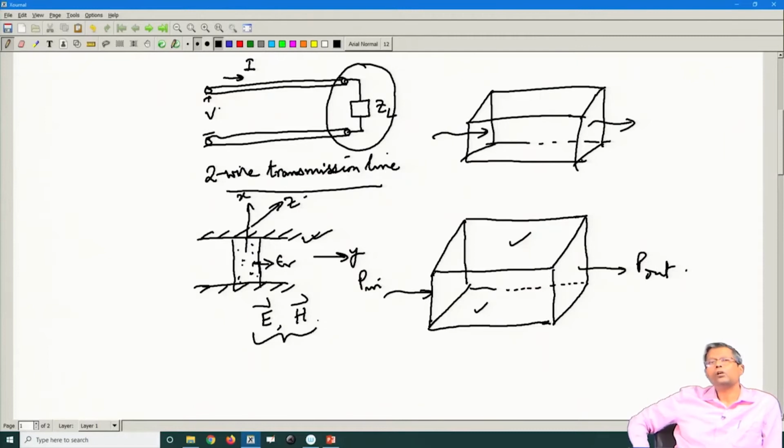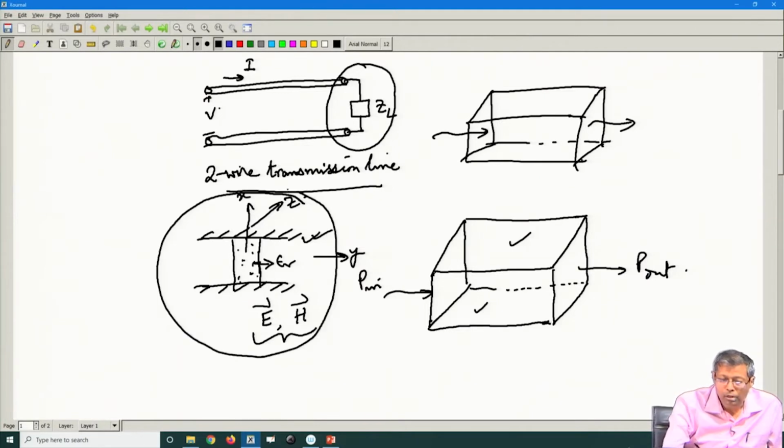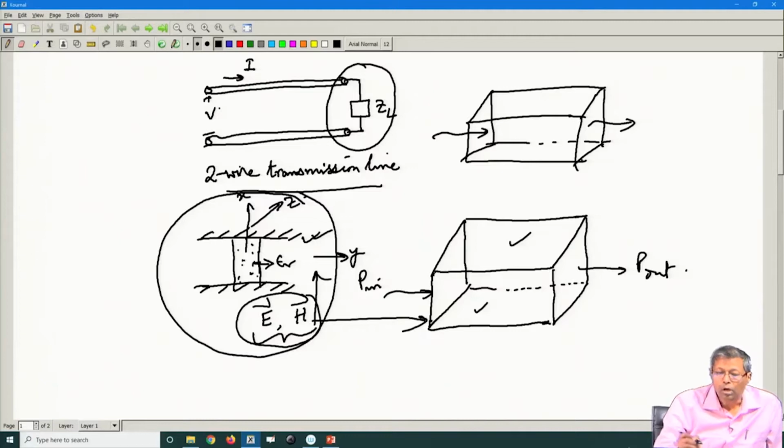However, it is important to recognize that though we are using the concept of electric and magnetic fields in this situation as well as this situation, the concept of voltage and current, or circuit parameters, is very important to us. Why?